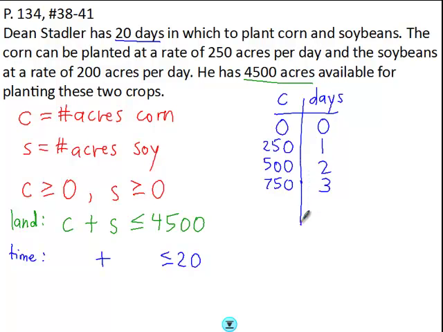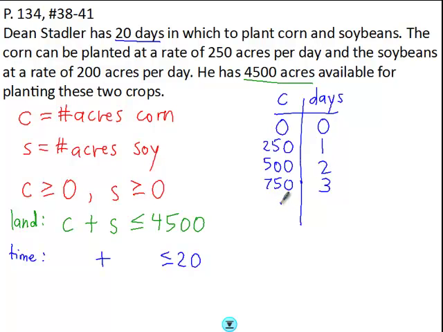I hope you can see there's a pattern here. What I want you to ask yourself is, how do I get from column C, the number of acres of corn, to the number of days that it takes? Obviously, we know it's related to 250. Let's see if you can see what he does. I hope you can see that what is happening is you have to take the number of acres of corn and divide it by 250.